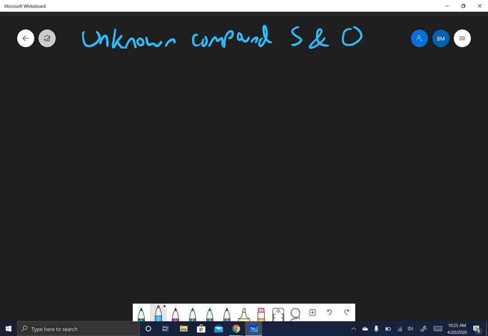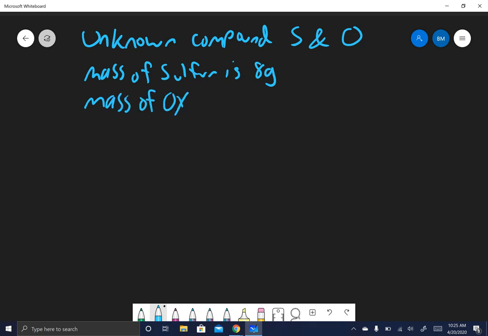And we are given information, and it says the mass of sulfur is 8 grams in the compound, and the mass of oxygen is also 8 grams. Calculate the empirical formula.